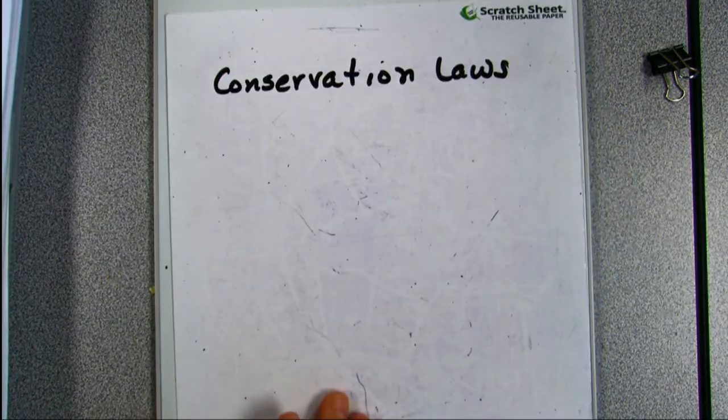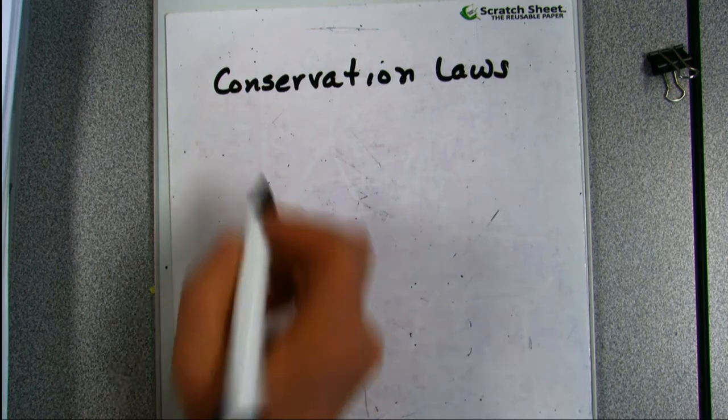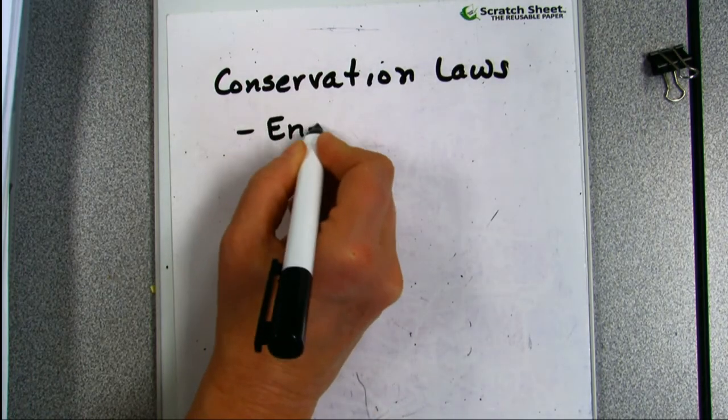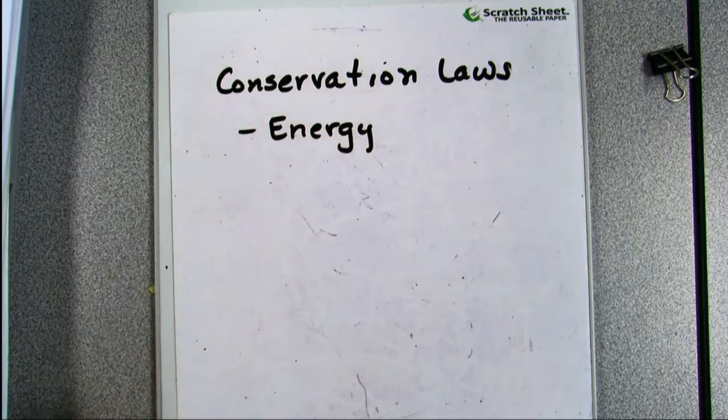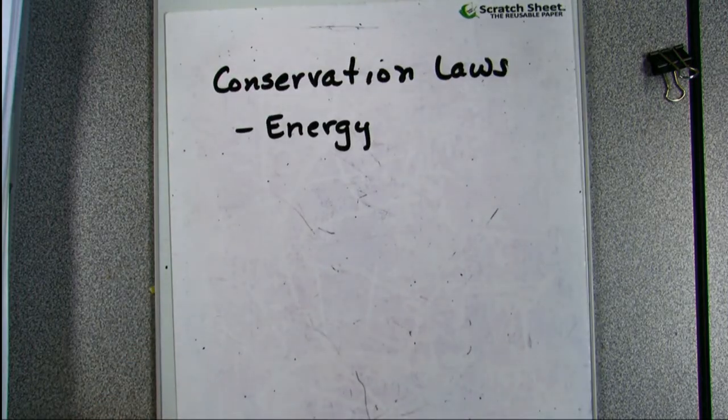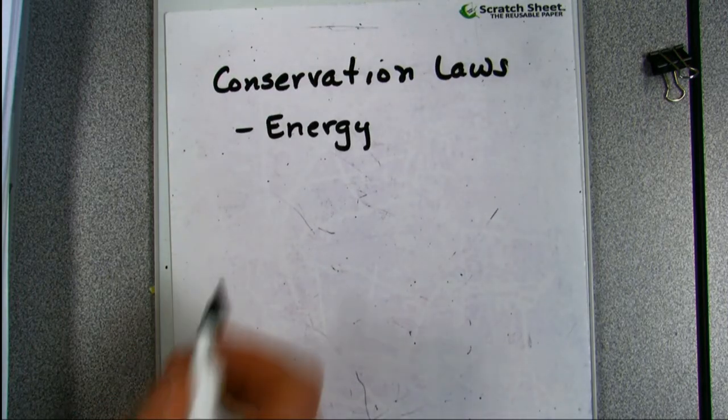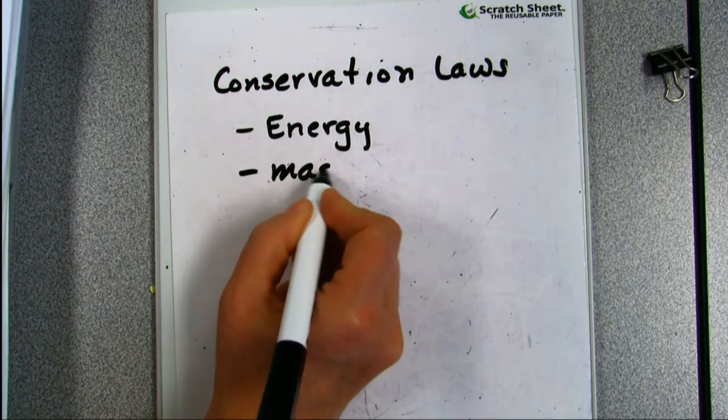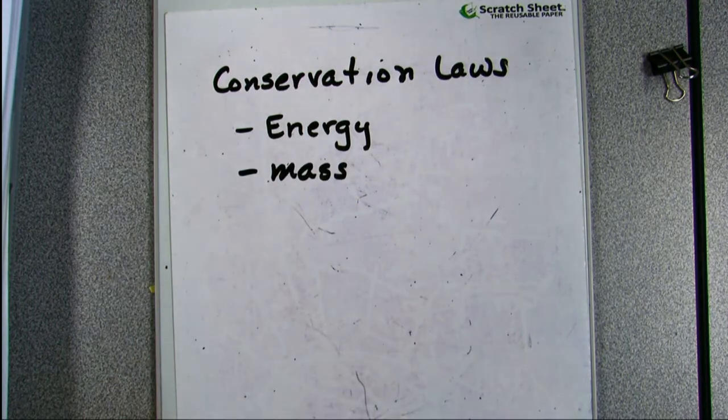And we have conservation of what? Energy. We have conservation of energy. What else? Matter. Mass. What else? This one comes in two forms, linear and angular.